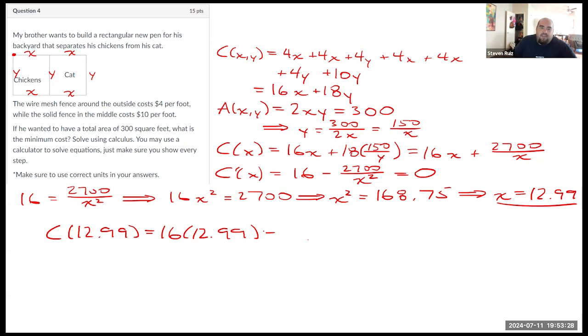So C of 12.99 equals 16 times 12.99 plus 2700 over 12.99. Now that we've got the setup correct, let's approximate that. And I get a final result of $415 and 69 cents. There we go.